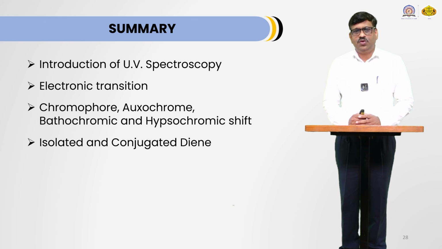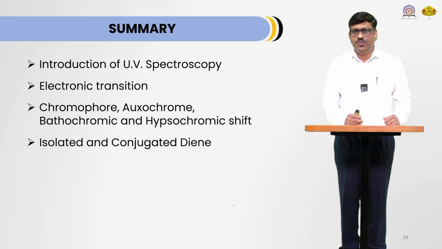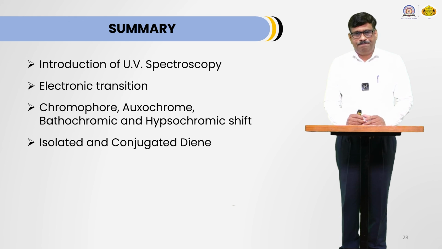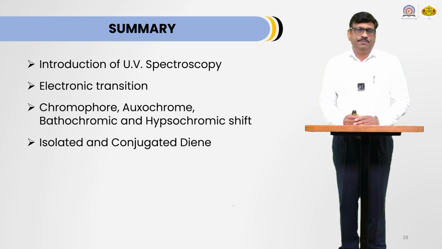In another word, chromophore is an isolated functional group which is capable of absorbing UV radiation. Oxychrome is the functional group which is not able to absorb UV radiation, but when it is attached to a chromophore, the absorption increases. We have seen the example, benzene, lambda max value is 255 nanometer, and if OH, that is oxychrome, is attached to that benzene ring, then its lambda max value increases up to 270 nanometer.